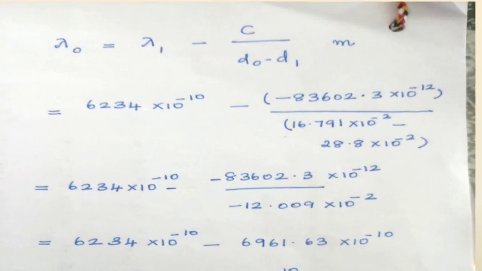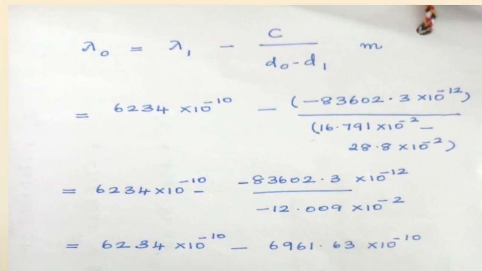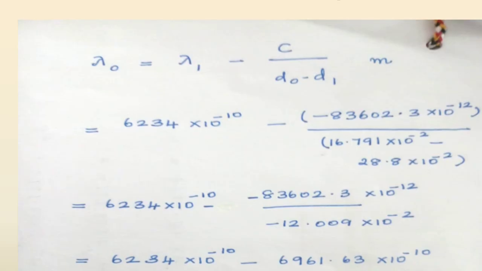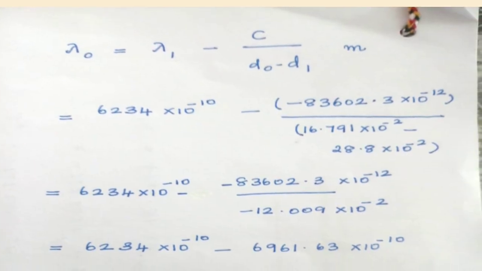So next, find out lambda naught. The lambda naught is given by lambda 1 minus c divided by (d naught minus d1) meter. We know the value of lambda 1 as 6234 into 10 power minus 10 minus, so the value of c is minus 83602.3 into 10 power minus 12, the whole divided by d naught minus d1.